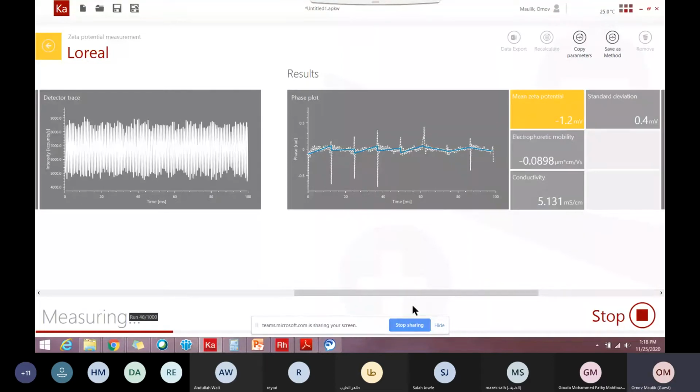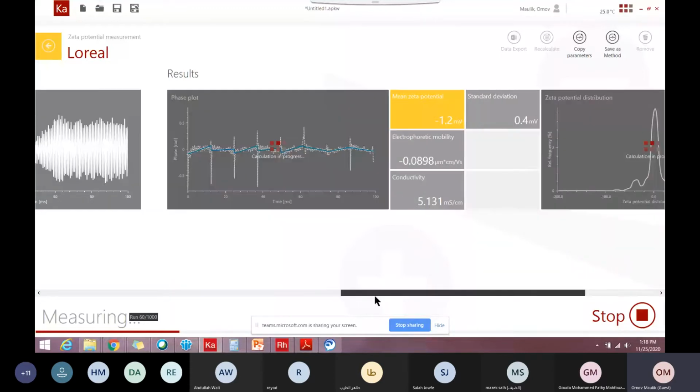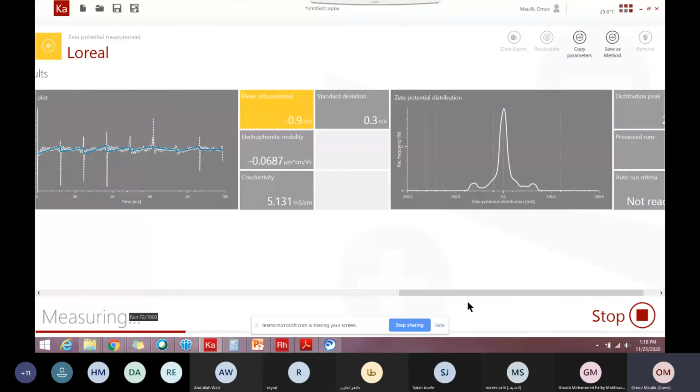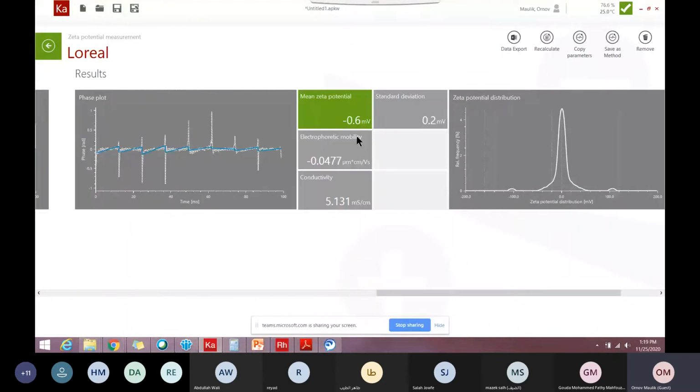Here it is showing a very low value of zeta potential, which suggests that this particular emulsion I have is not that stable, mostly because of the expiry, you can say. This value suggests that it is not as stable as it should be, because the magnitude of this zeta potential is very, very low.